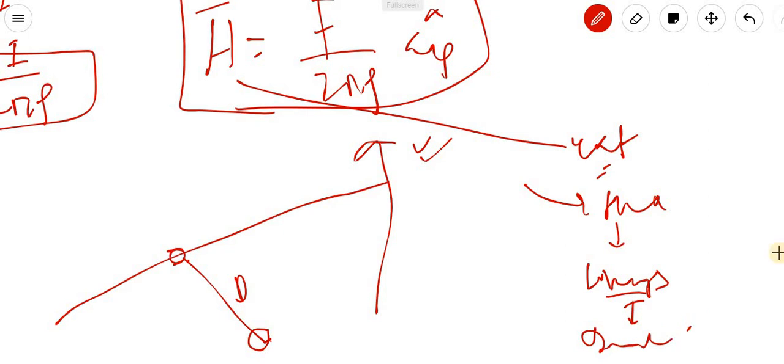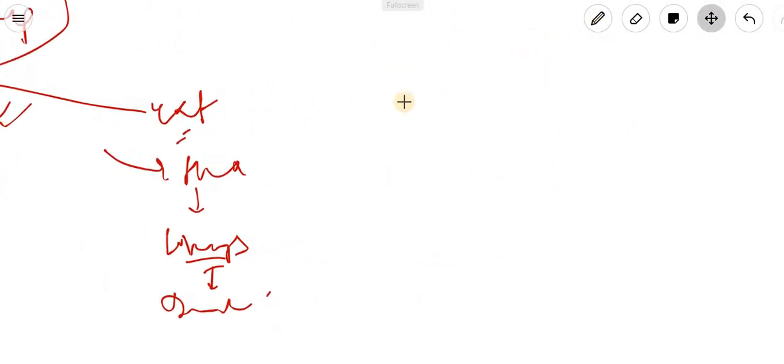Before leaving this, I want to plot a graph showing how the magnitude of magnetic field intensity varies.